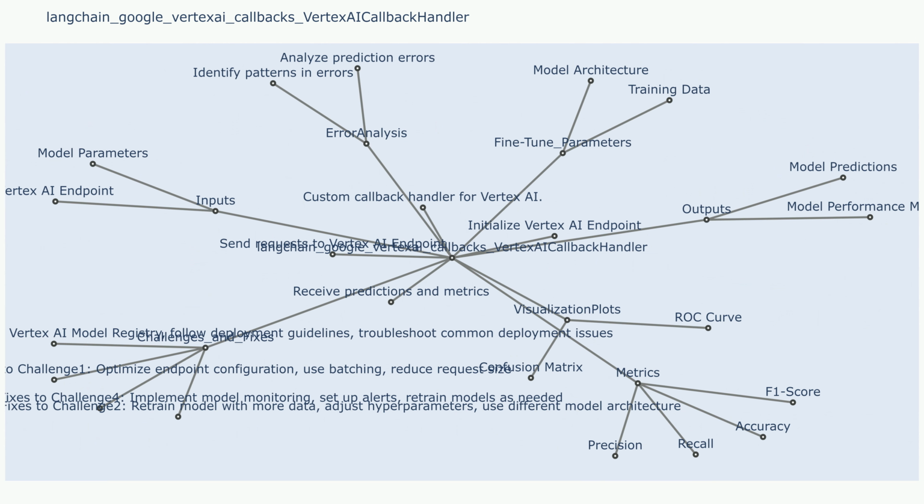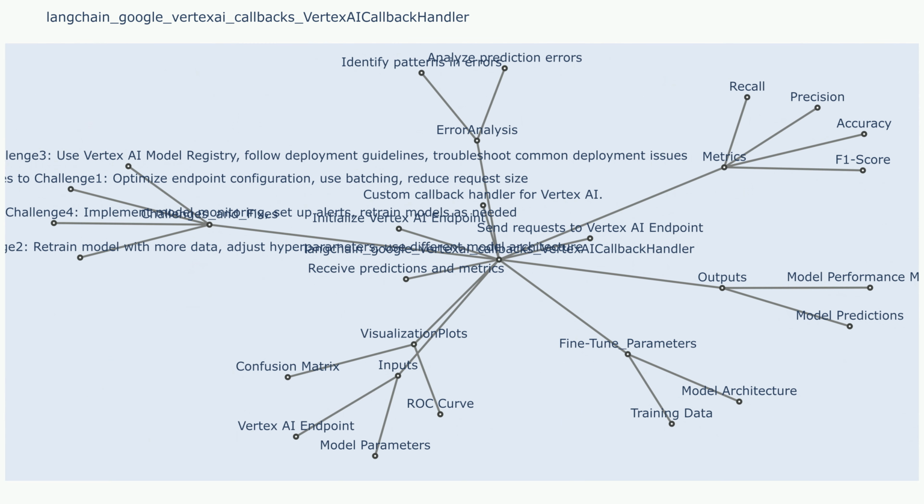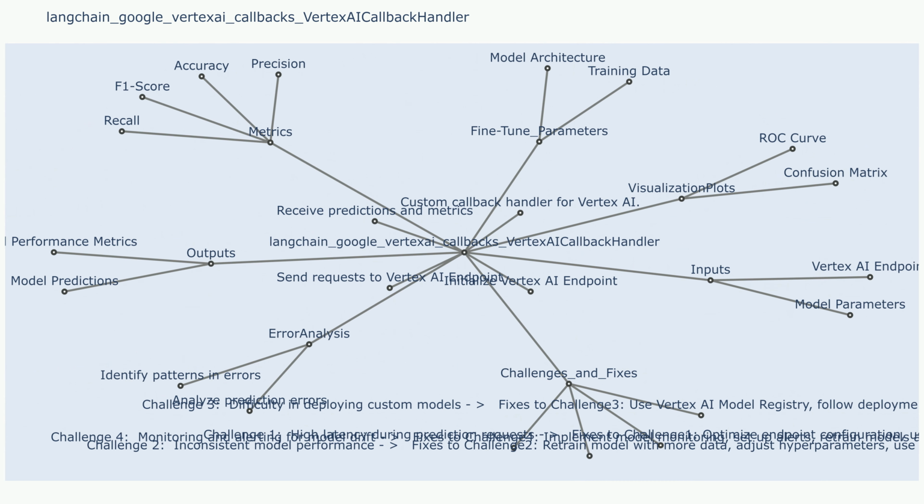Data logging: it logs model inputs and outputs for each chain step. Visualization generation: optionally generates visualizations of chain execution flow and performance. Integration with Vertex AI services: enables interactions with Vertex AI models.